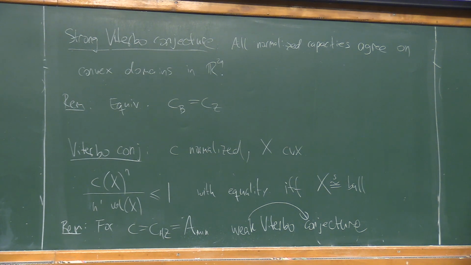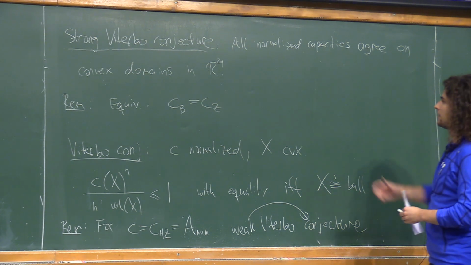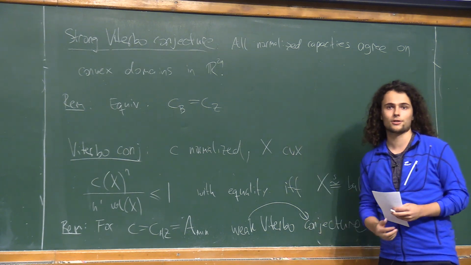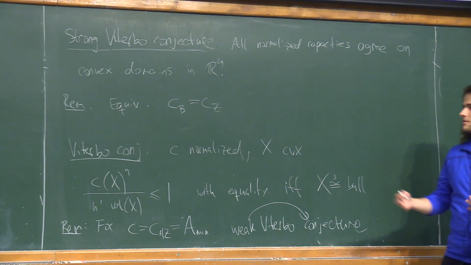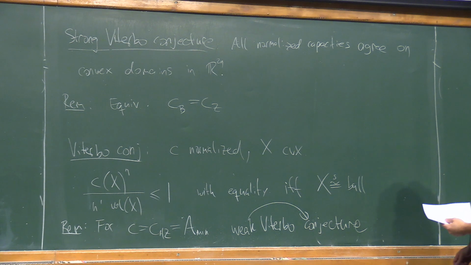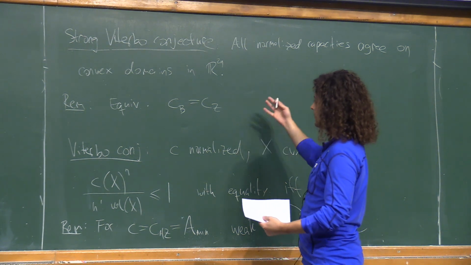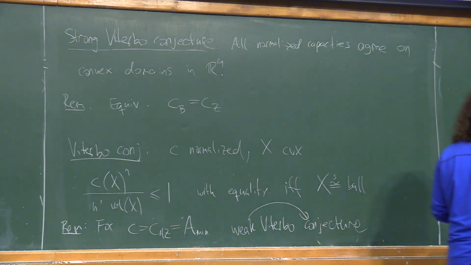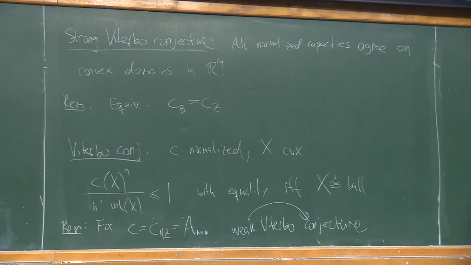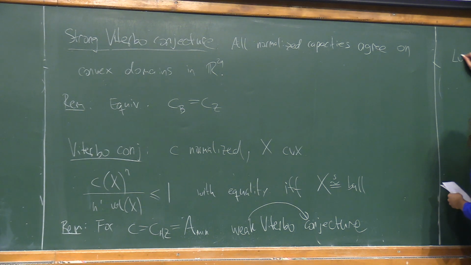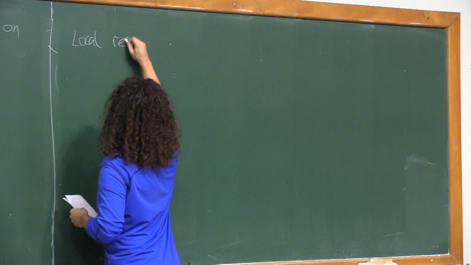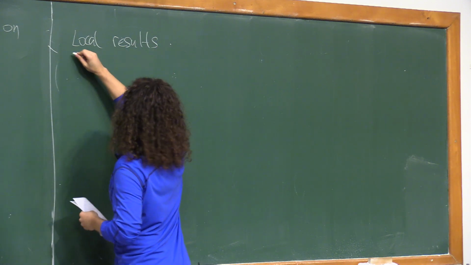But there's been kind of a lot of work that tries to make partial progress towards these conjectures. And there's kind of one direction, which is to look at local perturbative versions of these Viterbo conjectures. And the first result in this direction that I know of, so now I want to talk about local results.